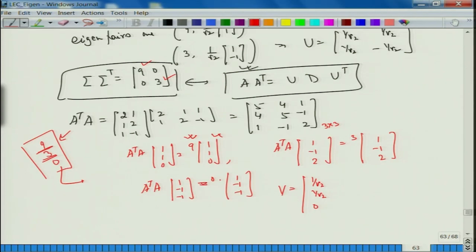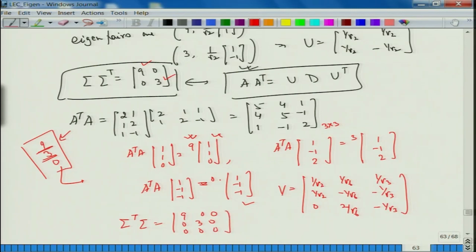The second is 3. 3 is nothing but 1 upon root 6, minus 1 upon root 6, 2 upon root 6 unit vector. And this is the last one, which is 1 upon root 3, minus 1 upon root 3, minus 1 upon root 3. All right. So I have got V, as far as we are concerned, and here our sigma transpose sigma is 9 0 0, 0 3 0, 0 0 0.